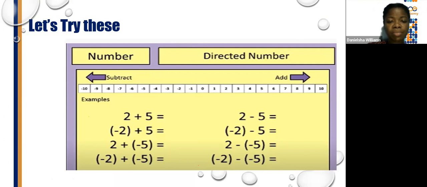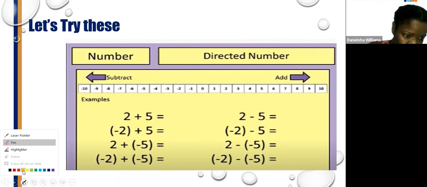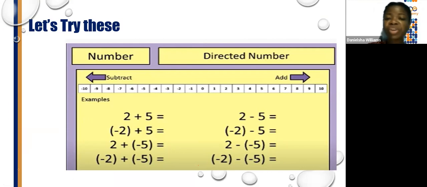Let me change the color of the markers so you can all see which one you're going to do. I'm going to use your initials. If you're not able to open your microphone to speak, you can just type your response in the chat. That is fine.